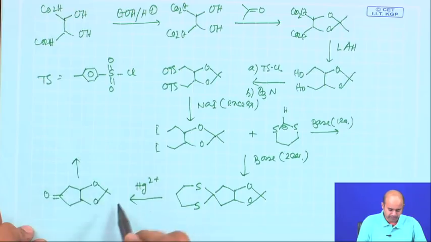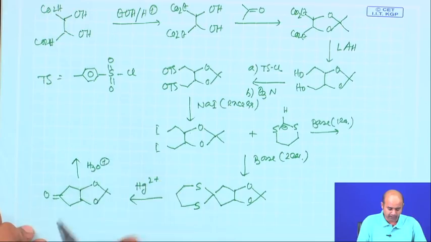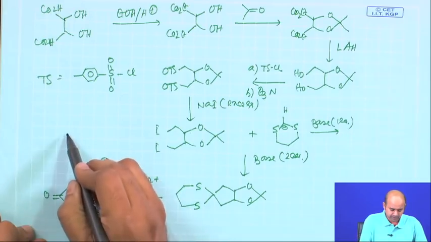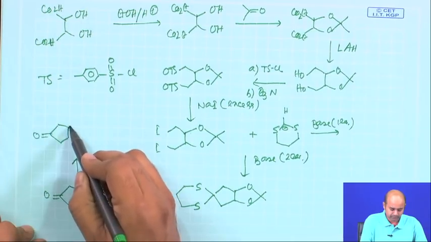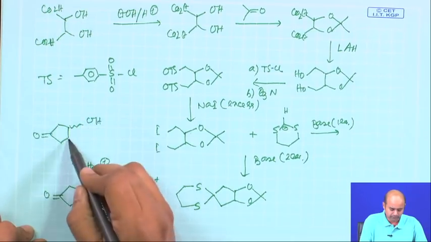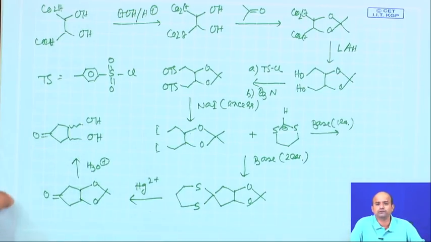Finally, you remove this hydroxy protection by treating with aqueous acidic workup. You will get the target molecule with these free OH groups. So, if you see, the entire transformation is basically based on an umpolung alkylation.